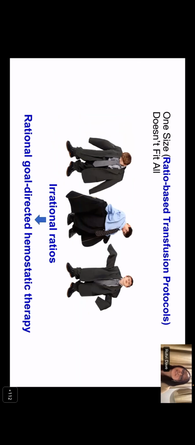One size does not fit all. You cannot straight away use the irrational ratios which you could perhaps use for massive trauma to deal with a postpartum hemorrhage, because pregnancy is a different physiology.